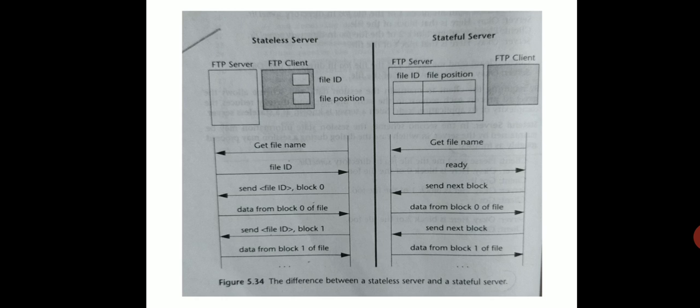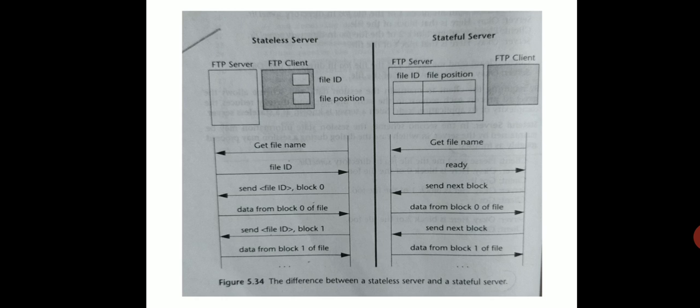FTP client sends get file name, and FTP server replies ready, and FTP client asks for send next block. Data from block 0 of file reaches the client, and the client sends a request for send next block and data from block 1 of file. See here, block 0 of file, block 1 of file, all the state information is maintained by the FTP server, being a stateful server.